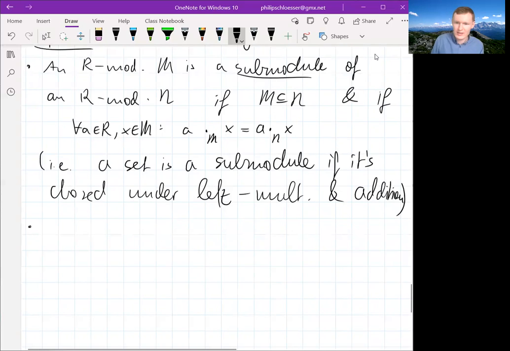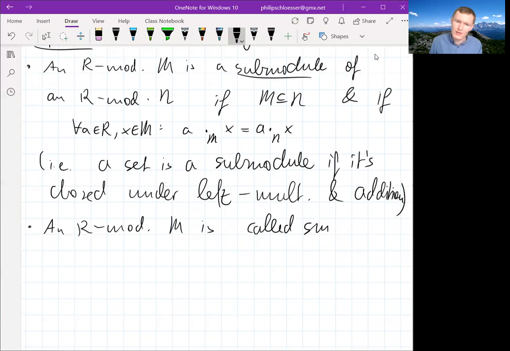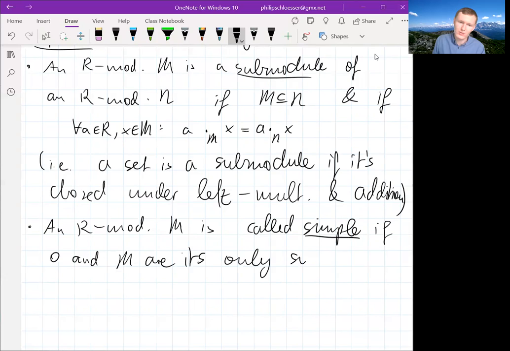And secondly, an R module M is called simple. In the representation theory language, you would say irreducible. If 0, the trivial R module, and M are its only submodules.